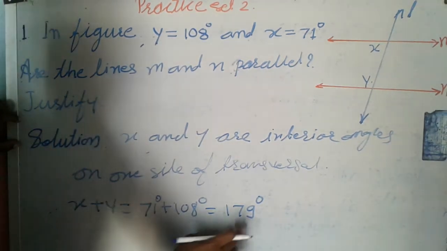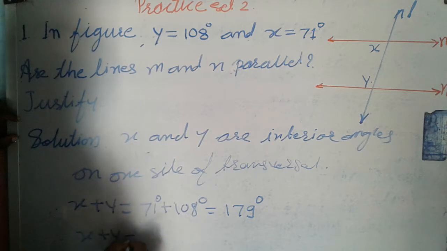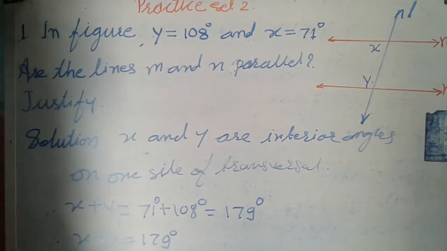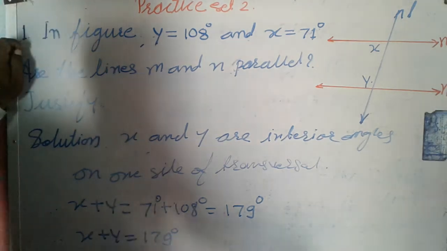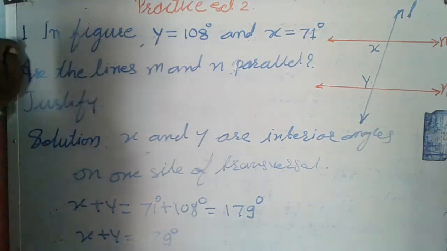Now this sum is not 180 degrees, that means these two angles are not supplementary. Therefore, angles x and y are not supplementary, and if interior angles are not supplementary, the lines are not parallel.